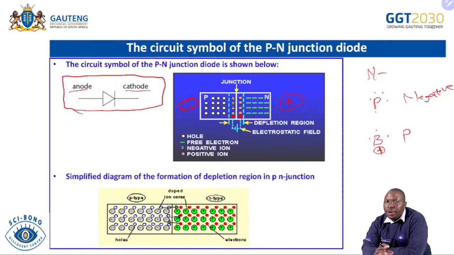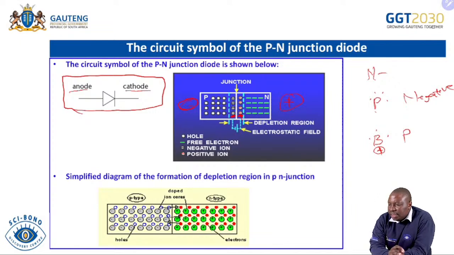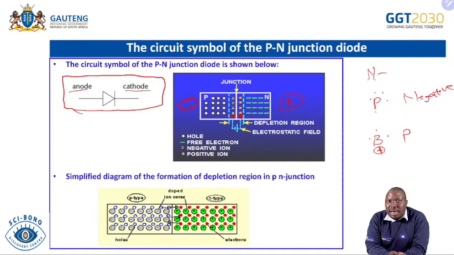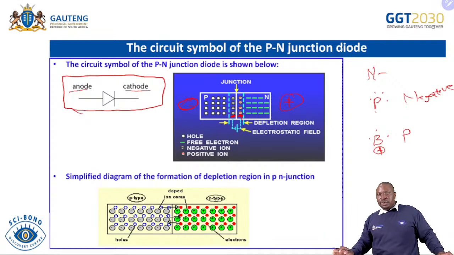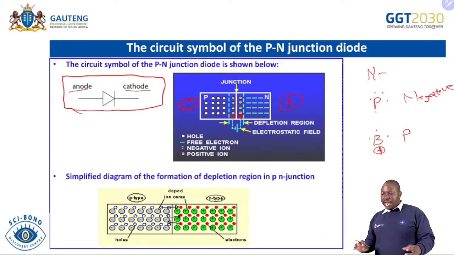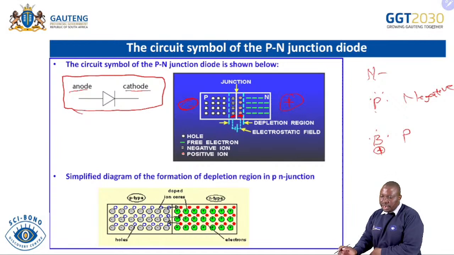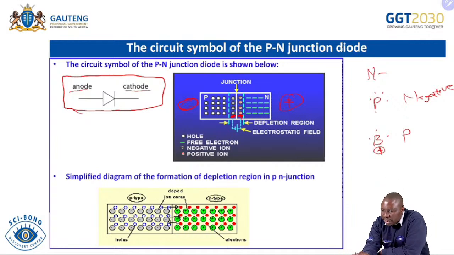Then you are able to look at it and say, okay, by bringing the P and the N junction diode together, we nicely created our positive charge and our negative charge, like you will have in a normal battery, because it will have its negative and its positive. So you can see I even indicated there that you have the holes, the free electrons, the negative ion, the positive ion.